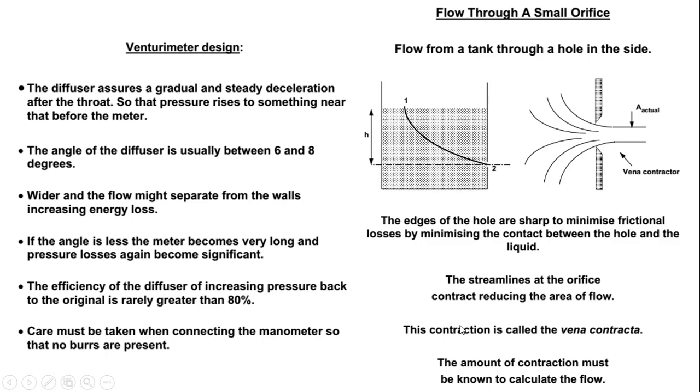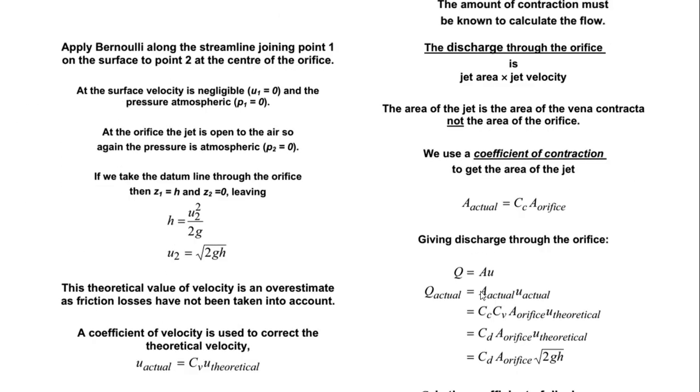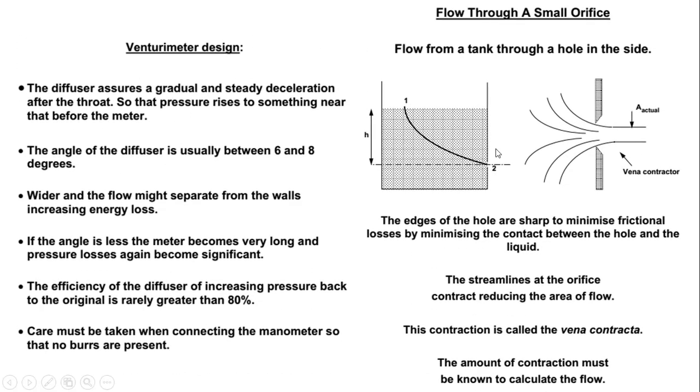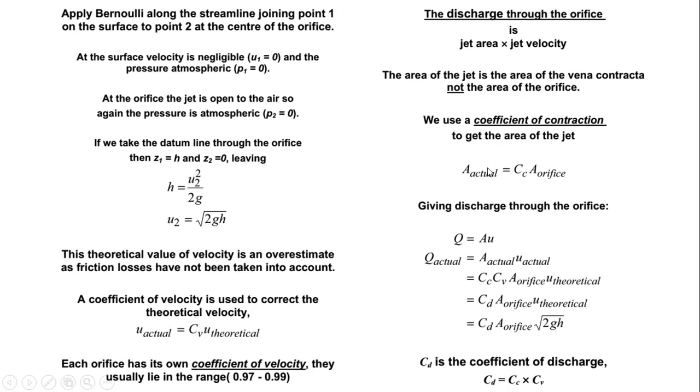From there, we need to find the velocity at the vena contracta. We know that velocity at 1 will be equal to 0 because it's not moving. Then pressure at 1 is equal to 0 because it's open to the ambient. Pressure at 2, which is just a bit away from the opening here, is also atmospheric pressure. So pressure at 2 is equal to 0.